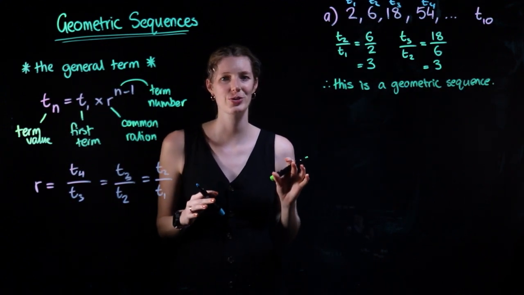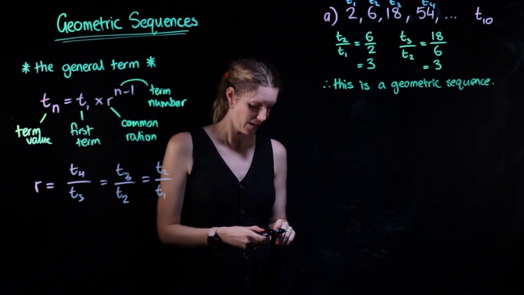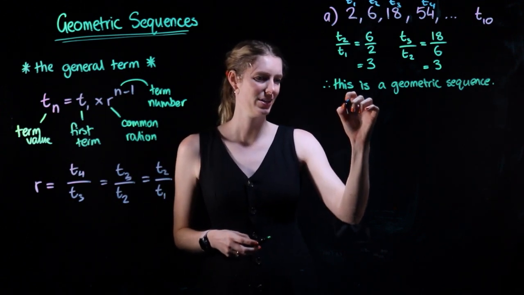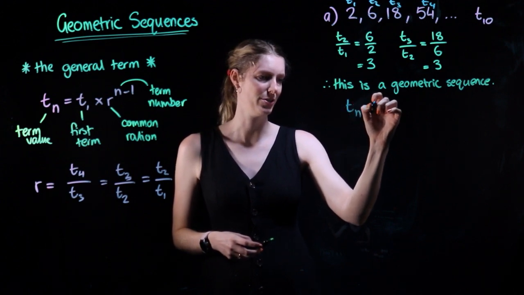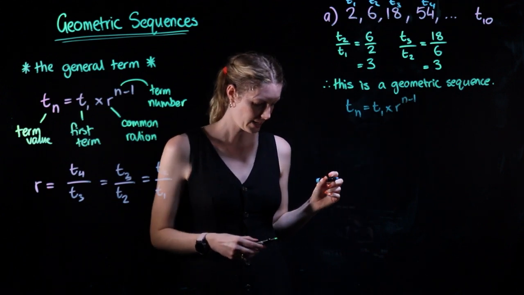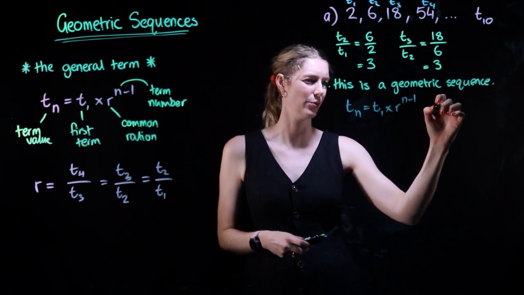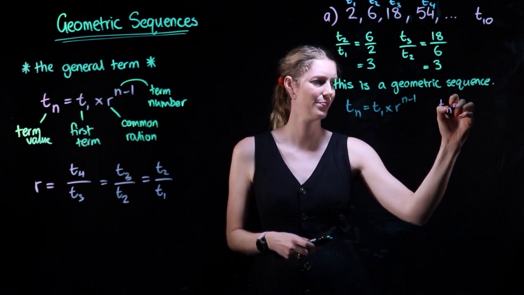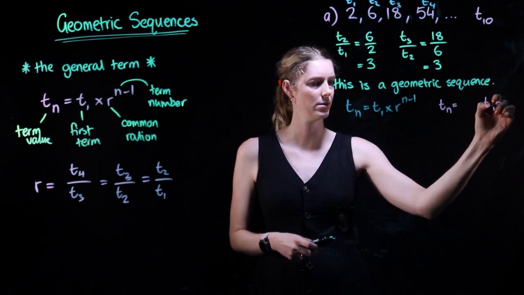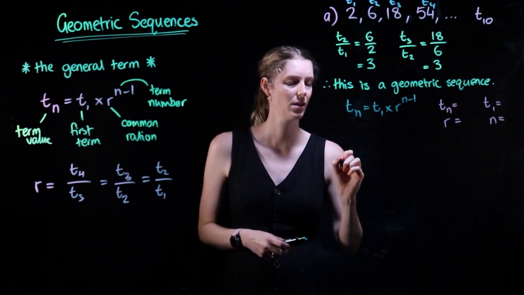Which is great for us because we can now definitely go and calculate our 10th term. So we are going to utilize the general term to help us. And we're going to start off by seeing what variables we know. So we can have Tn, T1, r, and n.